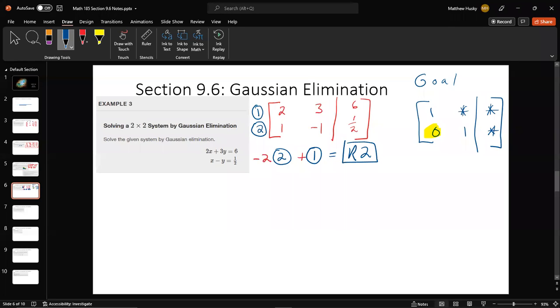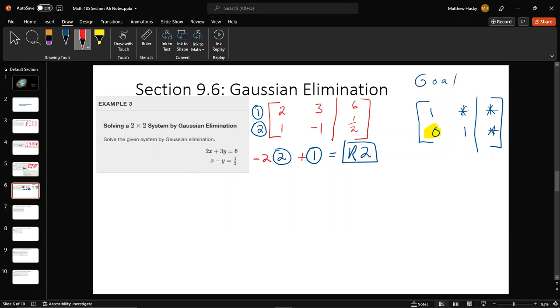So I'm going to change row 2 and do -2, and I'm choosing -2 because I want it to match the +2 that's up here. Just like when we were doing elimination, it's the same general strategy. The goal is to get opposite numbers so that they cancel each other out.